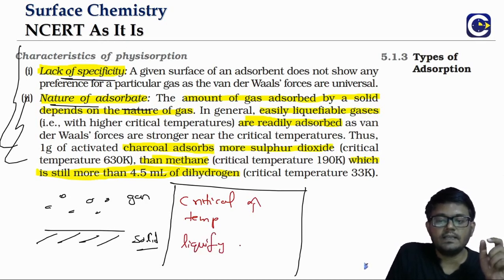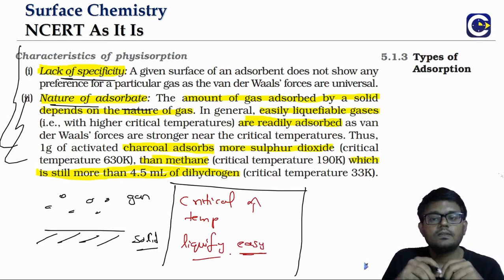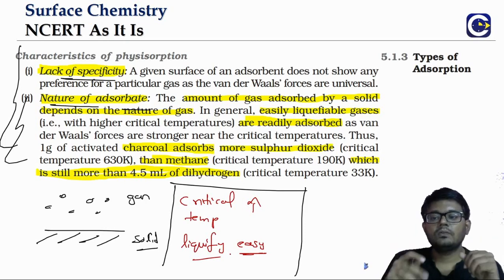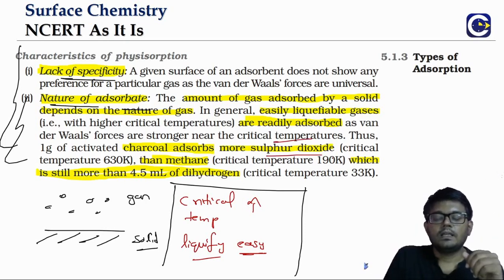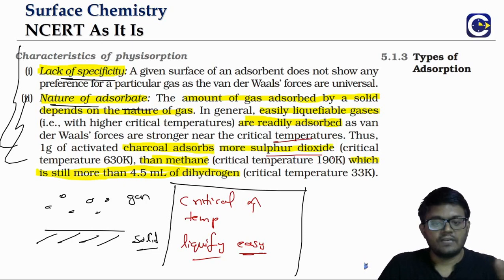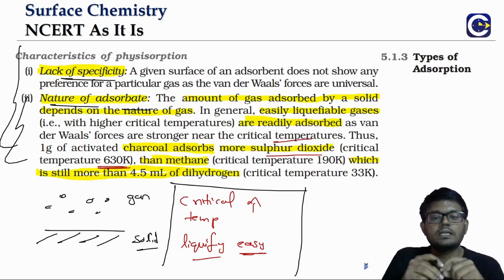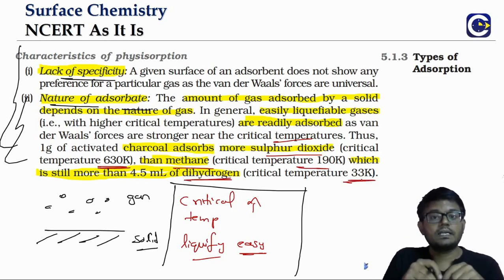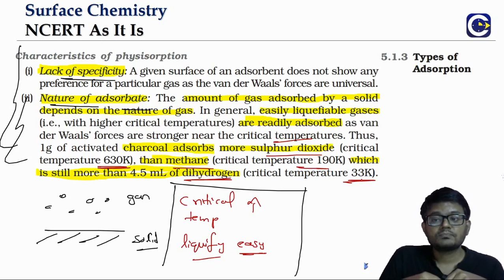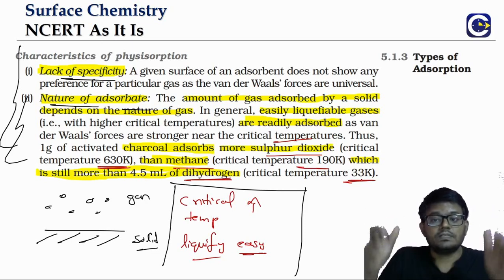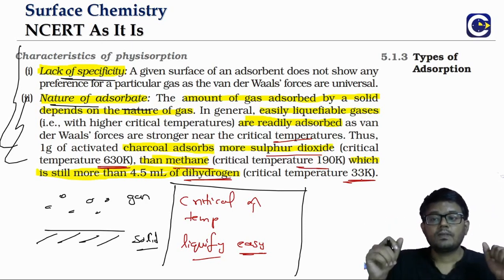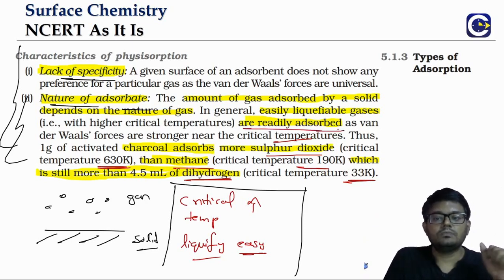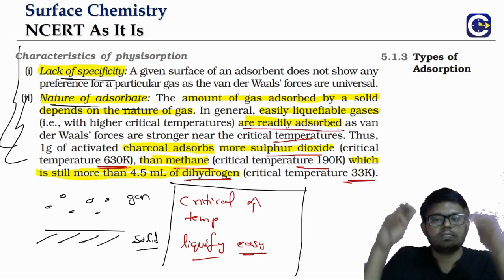So we can easily liquefy the gas. So if you are comparing the extent of adsorption of sulfur dioxide, look at what is the critical temperature, 630. Methane, 190 critical temperature. Dihydrogen, what is the critical temperature, 33. So what we will see is a gas which is more liquefiable will get readily adsorbed because the van der Waals interactions will be stronger.